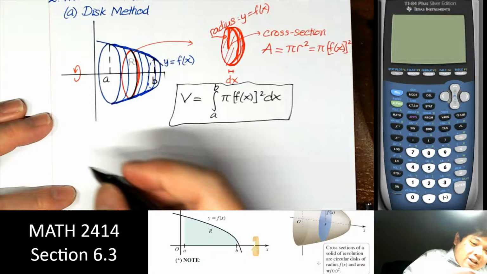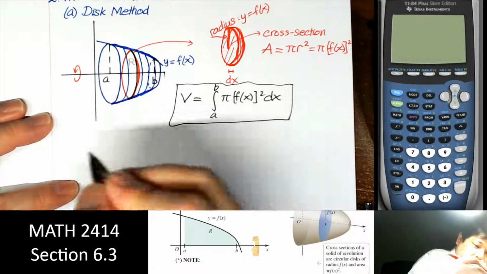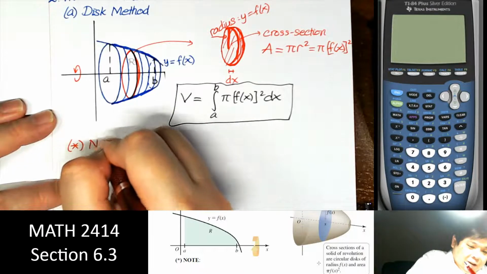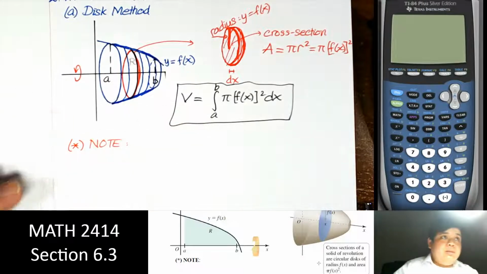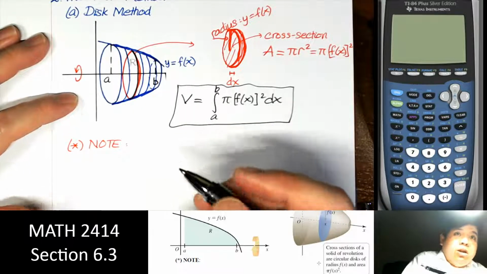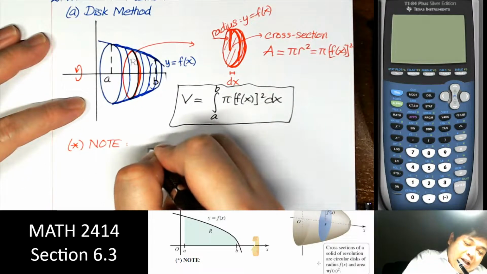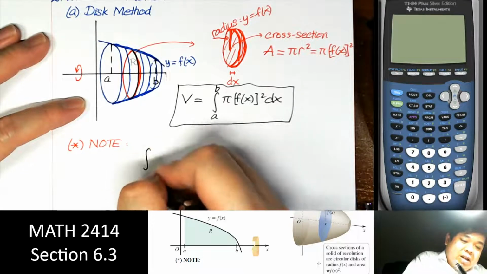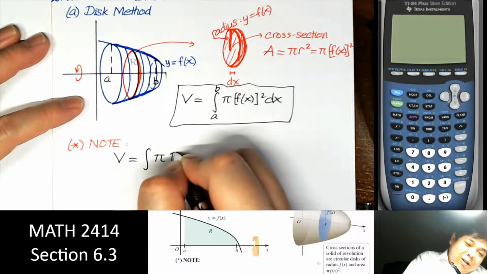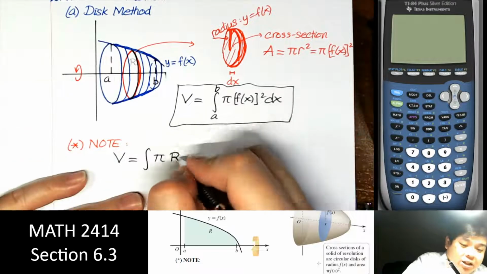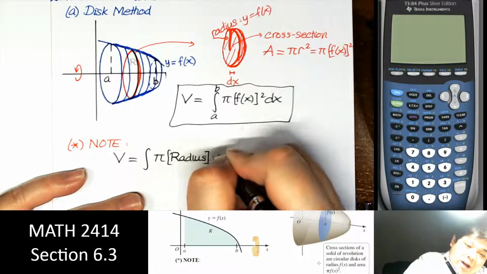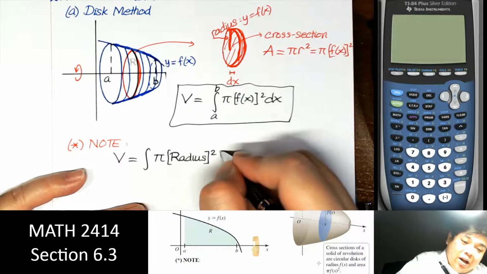Here we have a note. This method for dx, that is the formula. So in general, we're going to have the integral, with some limits here, of pi r squared, where r is the radius, and then times the width.